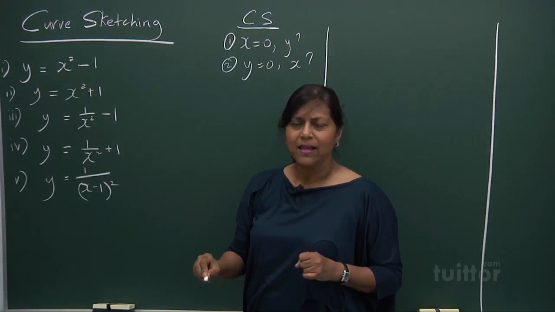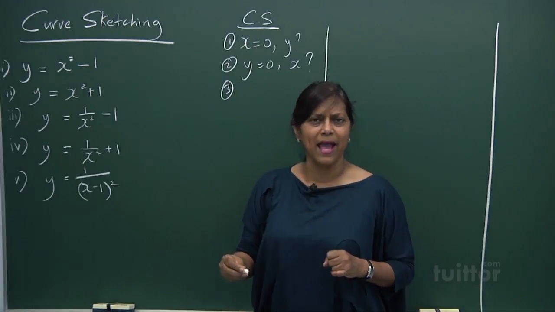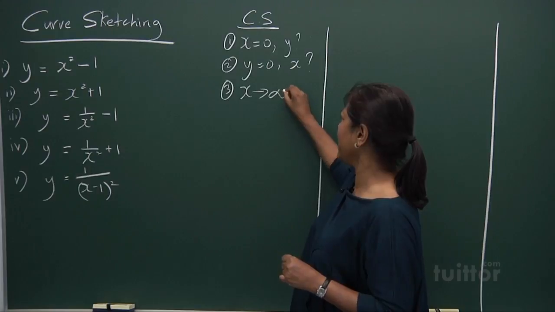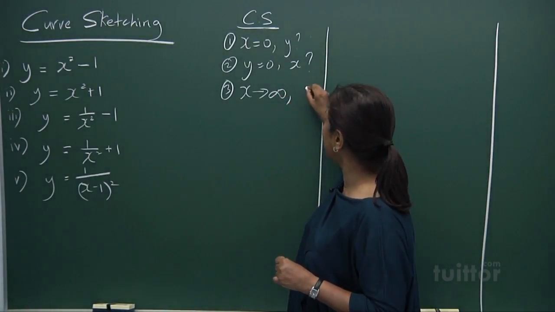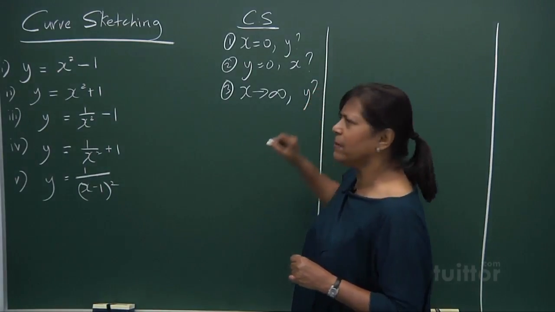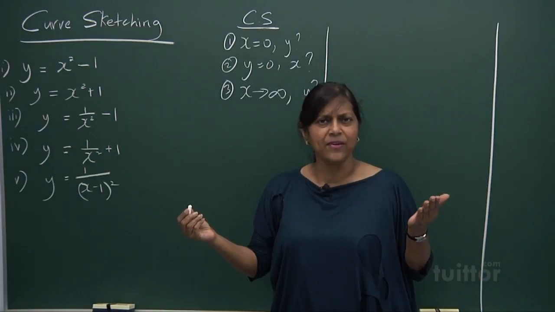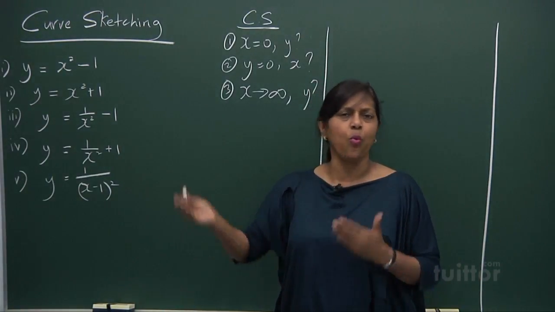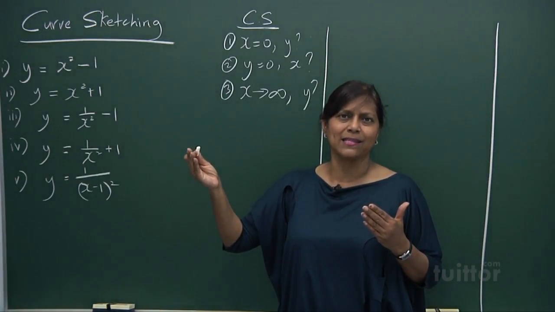That's great. And we also want to see the behavior of x when it approaches infinity. When x is approaching infinity, what becomes of y? Is it approaching 0, or what does it approach? Is it an ever-increasing function? When x approaches infinity, y approaches infinity, like y equals x cubed.